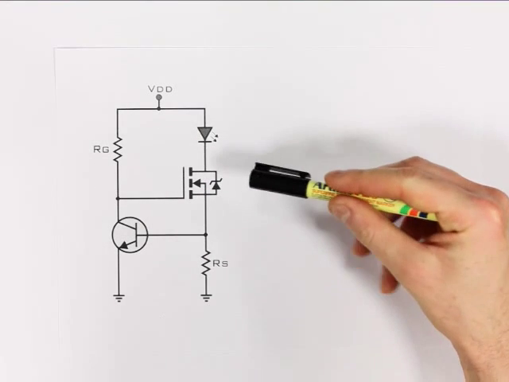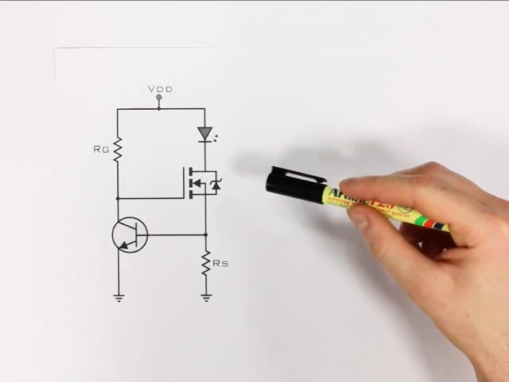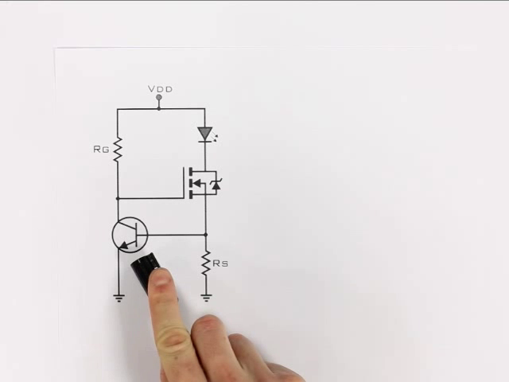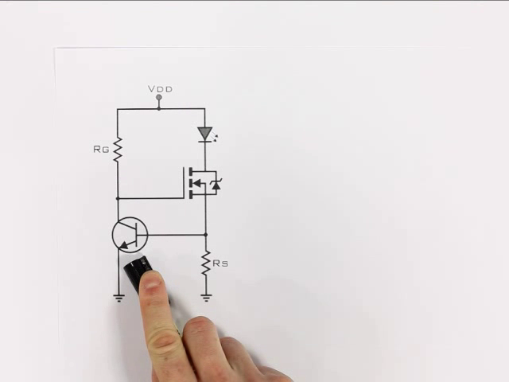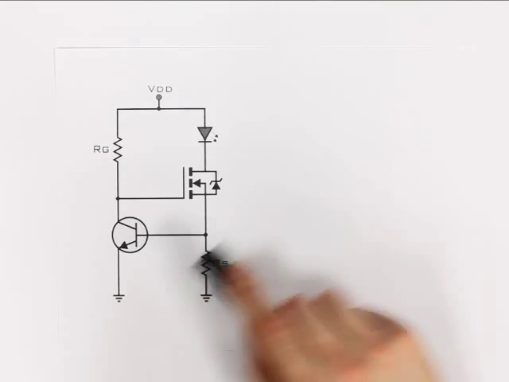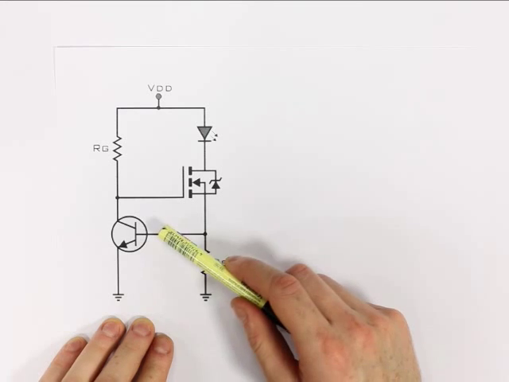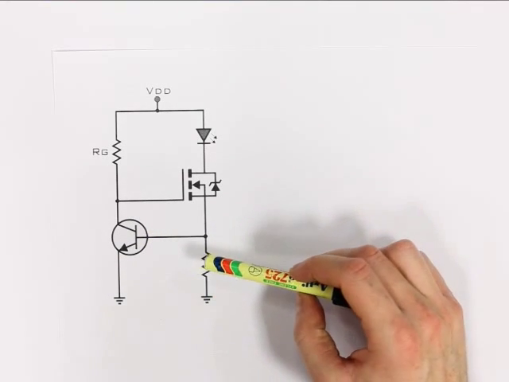Now, one more curiosity I might mention about this circuit is how it is affected by changes in temperature. BJTs have a property known as negative temperature coefficient, where as the temperature of the device increases, they allow more current to flow for the same voltages across the device.